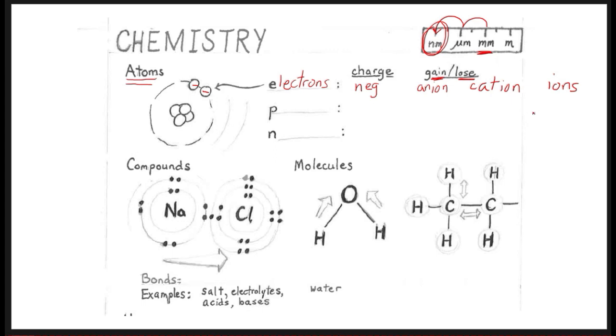When we talk about ionic bonds, we're going to have to talk about ions. Inside the nucleus, we have some particles that are positively charged, and those are the protons. Gaining and losing them is not applicable. Unless you have a thermonuclear reactor, you are not going to change the number of protons.